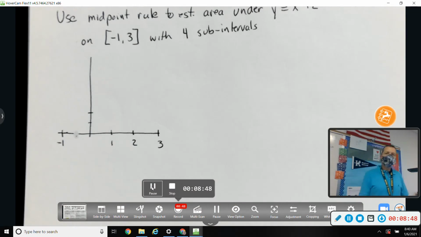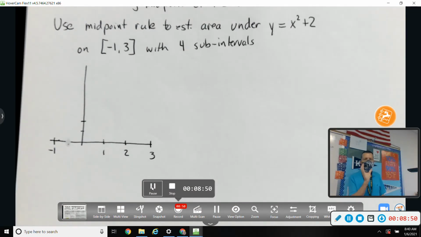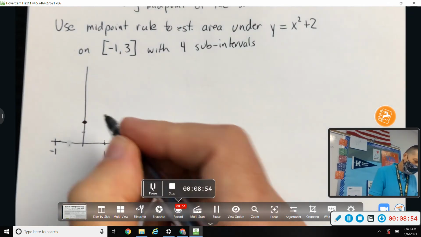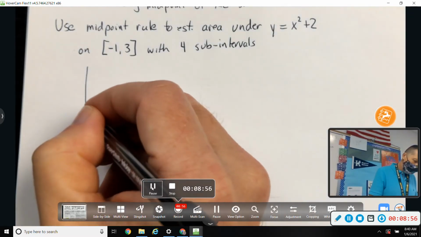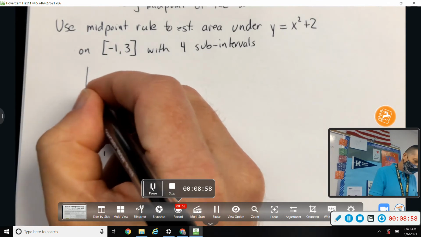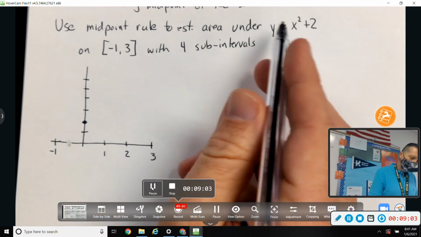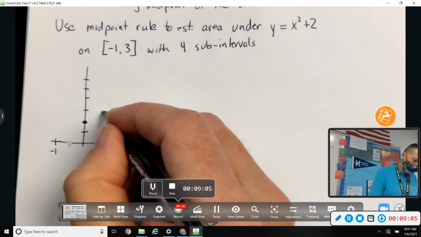So let's see, x squared plus 2, that's the standard parabola shifted up 2. If I plug in 0, I'd be at 2. Plug in 1, 1 squared plus 2 would get me to 3. Same thing with -1.